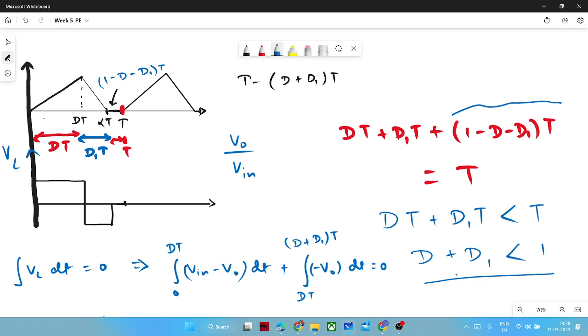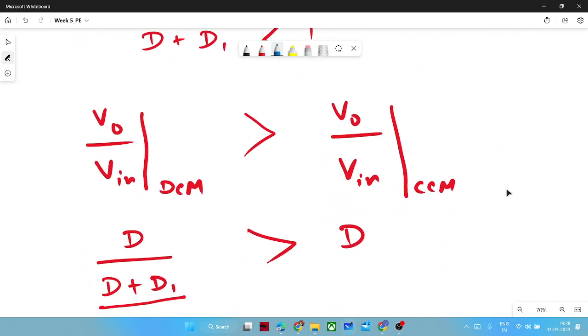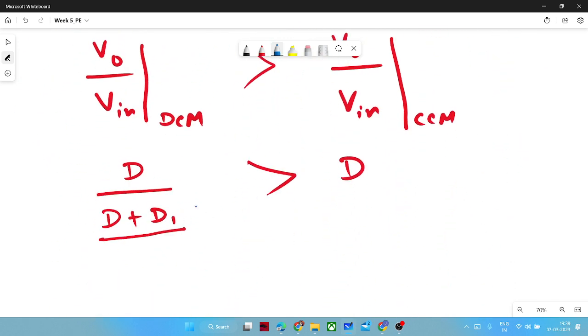Yes, sir. So if D plus D1 is less than 1, and since we are dividing by it, the whole term will be higher. Yes. So now I think it should be fine.